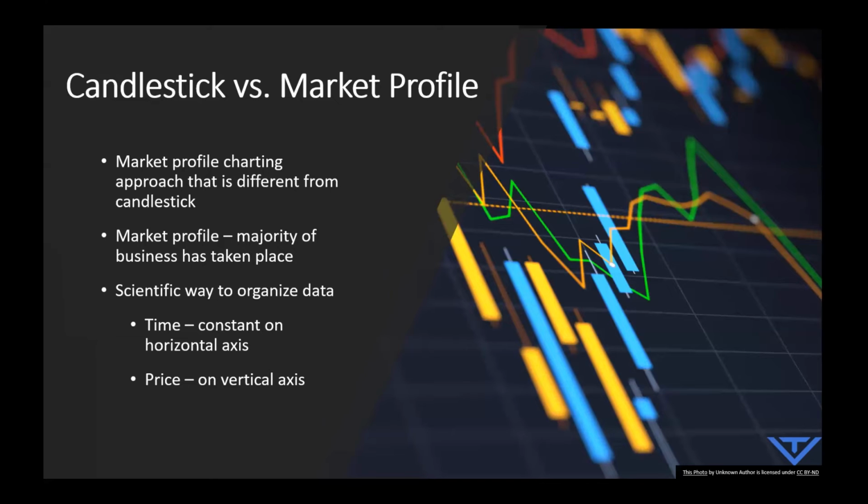So really market profile is nothing more than a scientific way to organize data. But the difference is time is on the horizontal axis and price is now on the vertical axis, okay?